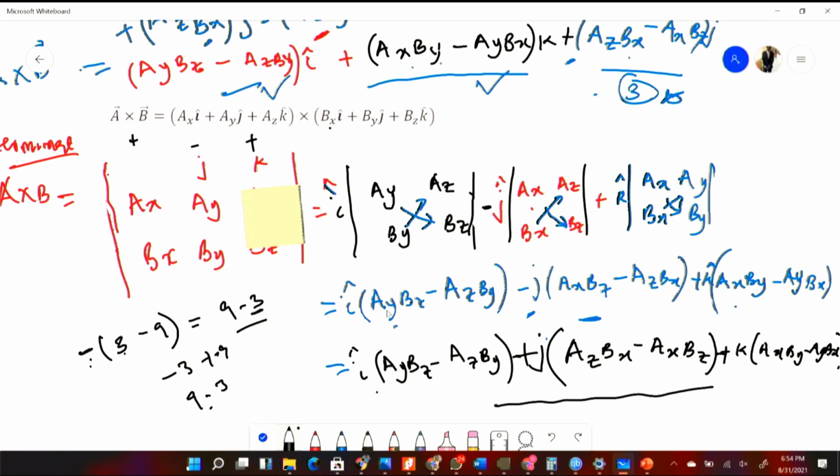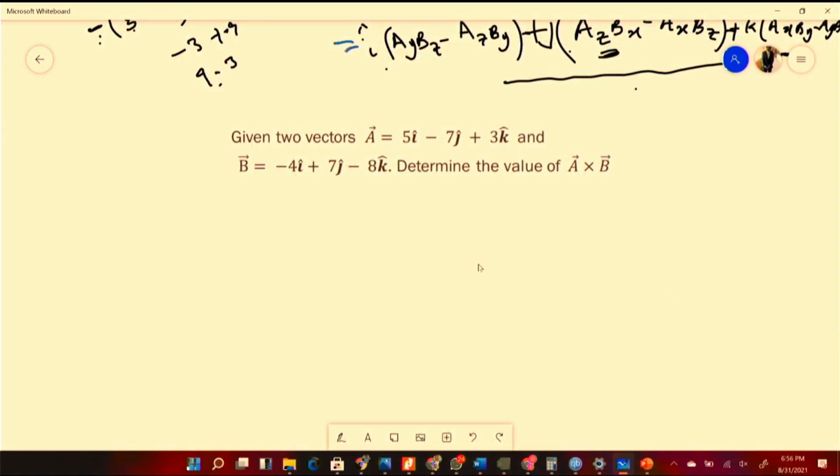This is our i, this is our i, this for our k, this for our k, and this is our j, and this for our j. All components accounted for using different methods. So if you truly understand this, your goal now is to solve a problem, then we wrap it up. Okay? So now we have an example. So how do we solve it?